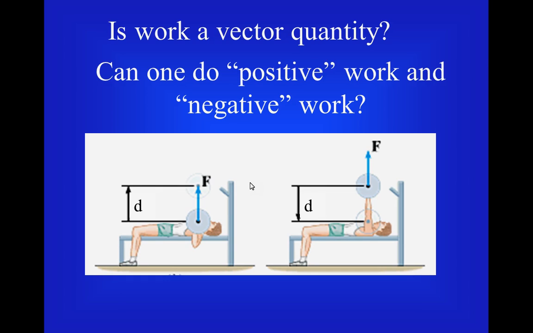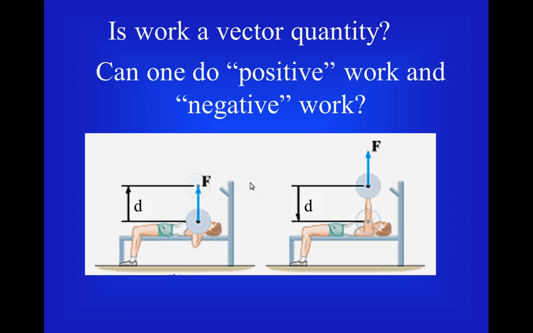You're doing negative work. One way to think about this is a little foreshadowing. We're going to talk about gravitational potential energy. When you lift up the barbell, you increase its gravitational potential energy, mgh: the mass of the barbell times the acceleration due to gravity times the height above the ground, or above whatever you're going to call zero, that you lift it.